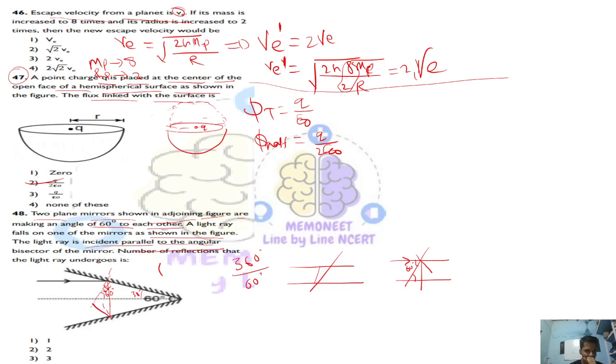Okay. And when it goes here, it will again reflect from the first mirror. As you can see, it is 60.